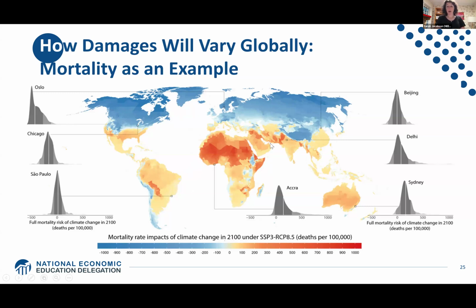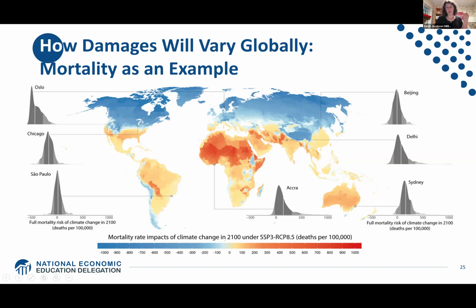And in fact, the places with the highest increases in mortality are places where there's already a lot of vulnerability. So large parts of Africa, even Australia, which is, I would say, not as vulnerable in certain ways, but even parts of Europe, Middle East, and this band of Asia as well, southern part of the United States, and a lot of South America.